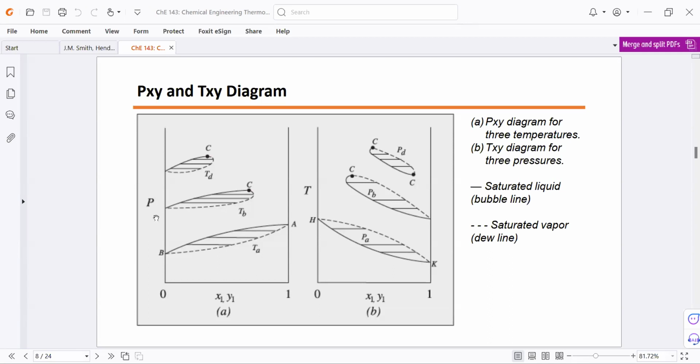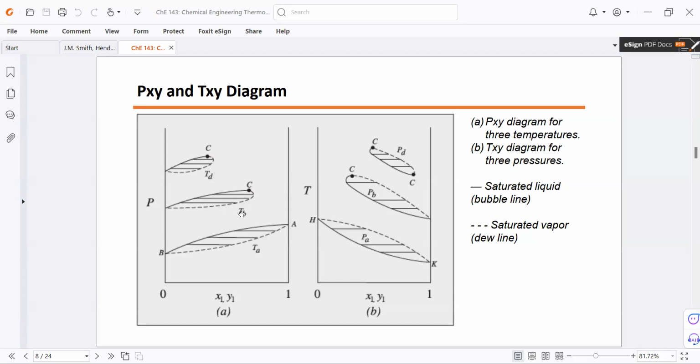First, the PXY diagram. On the y-axis, we have the pressure, and on the x-axis, we have the composition for species 1, which is our lighter species. Different curves here represent different temperatures.